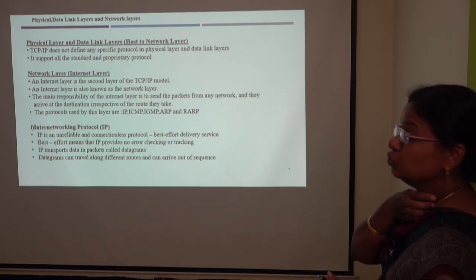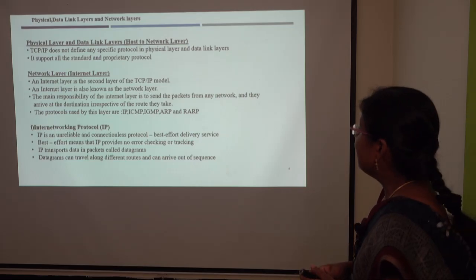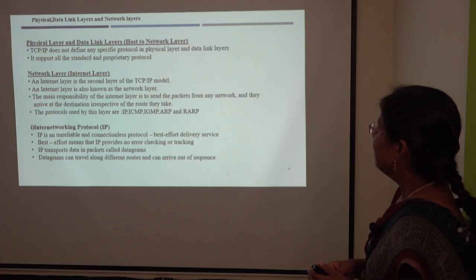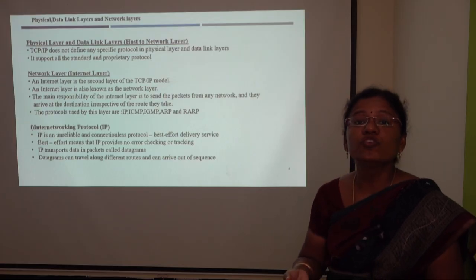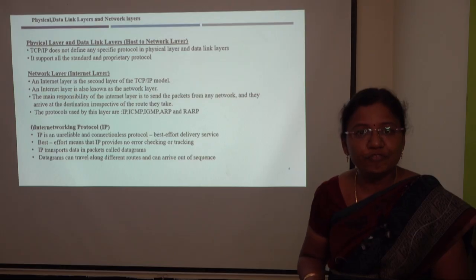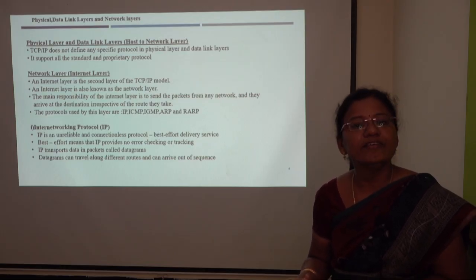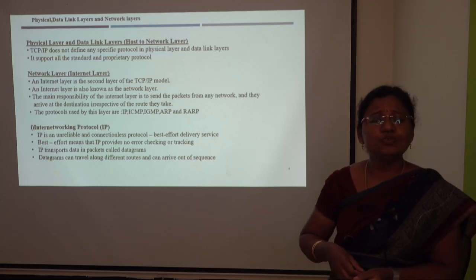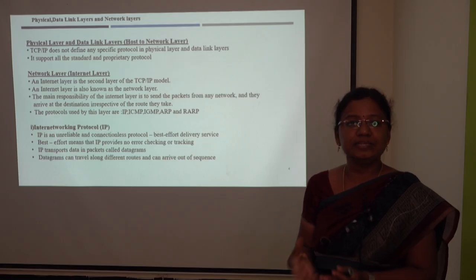Some of the protocols used in the internet layer: the first protocol is Internet Protocol. It is an unreliable and connectionless protocol. Because it is connectionless, we call it unreliable, which provides best effort delivery for the users. It provides best effort delivery because there is no error checking mechanism and no tracking mechanism, since it is a connectionless protocol.